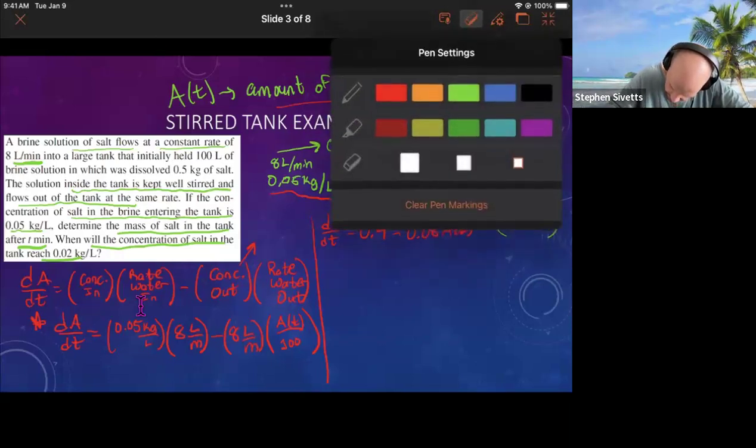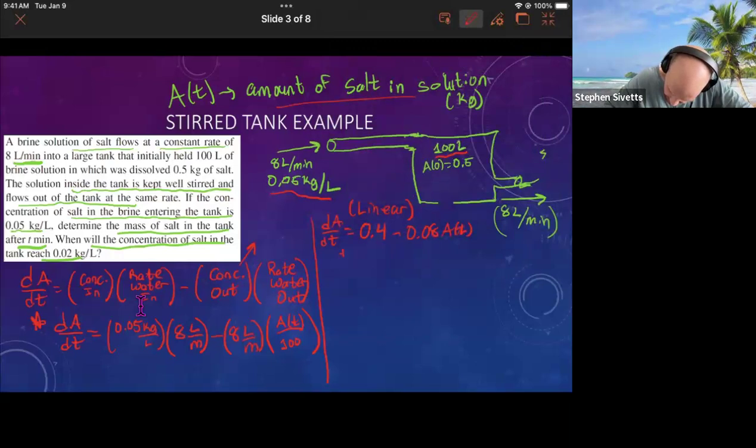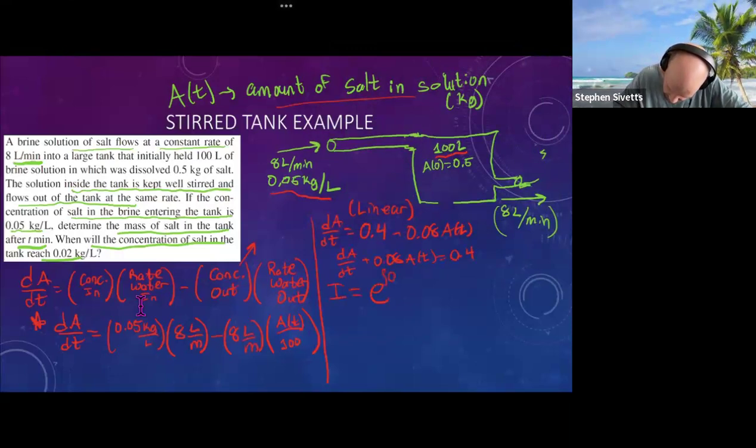So I have dA/dt plus 0.08 times A of T equals 0.4, right? This is a linear differential equation, so we're going to have to use the integrating factor. In this case, it's e to the 0.08 times t.